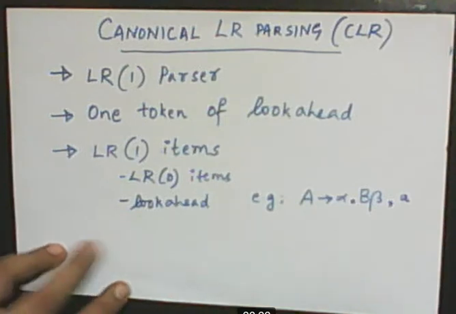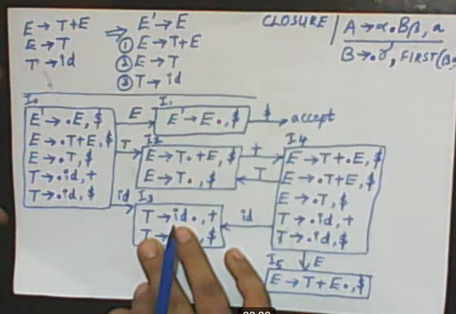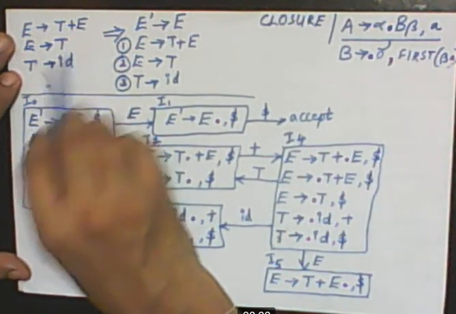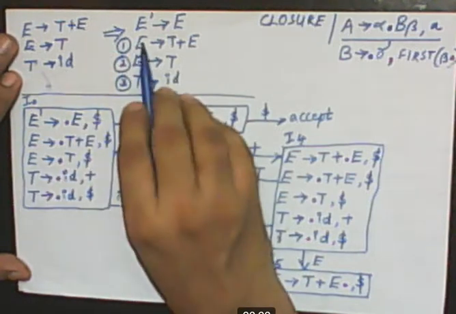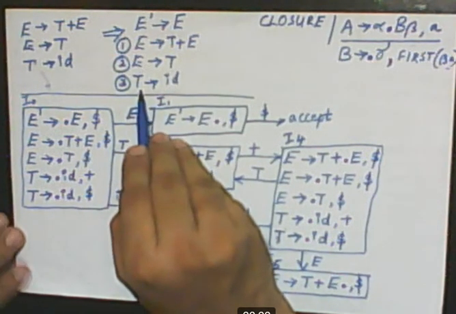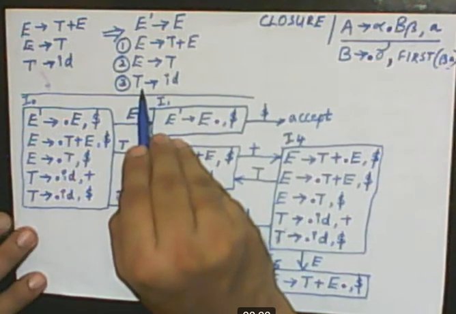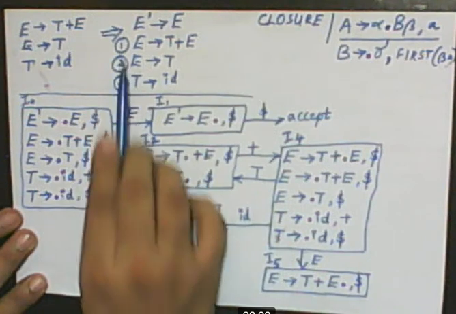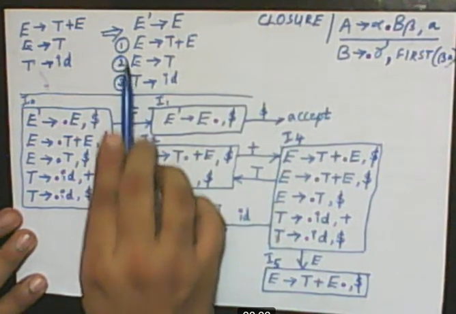We have considered an example grammar: E gives T plus E, E gives T, and T gives ID. You have augmented it, E dash gives E, and these 3 productions. So this is the augmented grammar. You have numbered the original productions as 1, 2, 3.